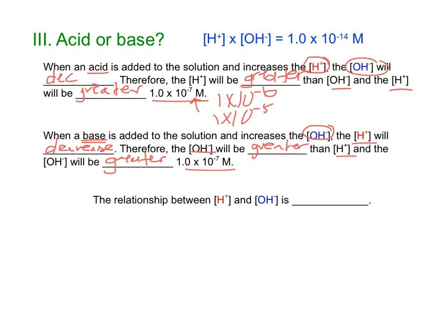So the relationship that we're seeing is that if we start having a very acidic solution, a rise in hydrogen concentration, our hydroxide concentration decreases. Or if we start to have a very basic solution, we start to see a decrease in our hydrogen amount. So we see that that is an inverse relationship.